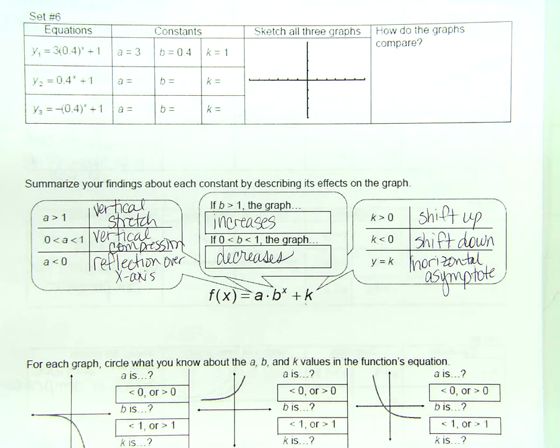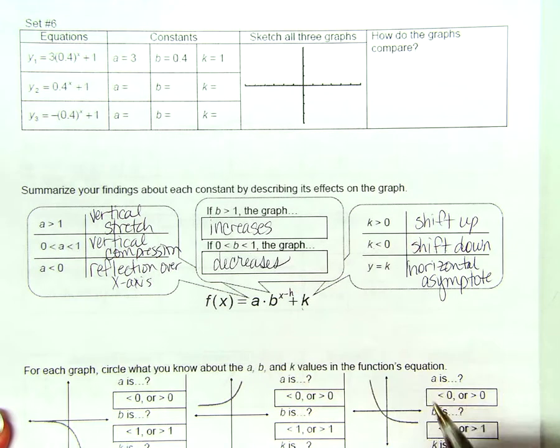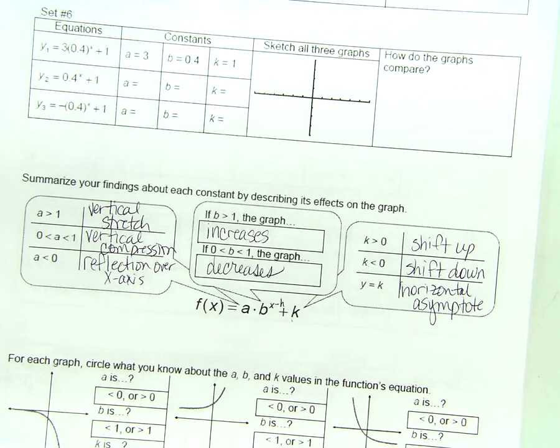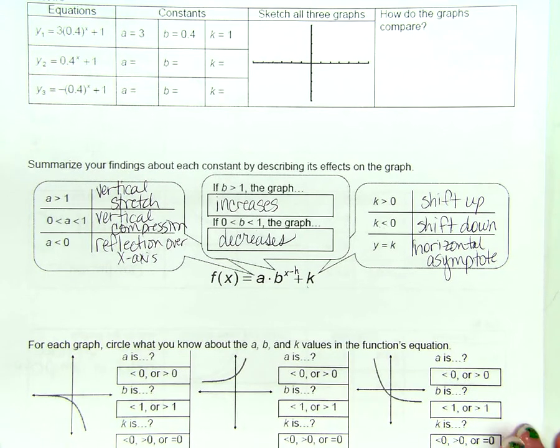We have an A, we have a K, we don't have an H. Are we going to worry about horizontal shifts with exponential functions? No, but if we did, it would be right here, in the exponent. Does that make sense? I honestly think if I gave you a problem like this, you would have no problem with it because you're used to something like that.